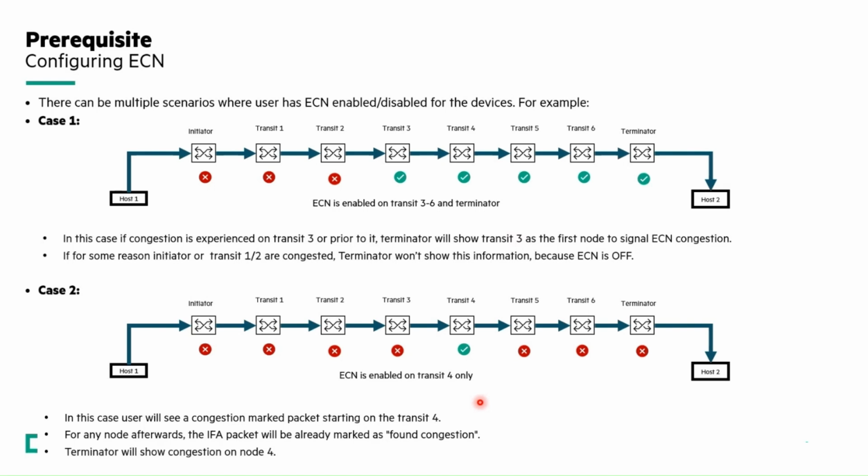The terminator will show congestion on node 4, and that's how different scenarios will work in terms of ECN features. Again, I'll reiterate that whenever you have congestion on your network, only the first node that is facing the congestion can be acknowledged by IFA and shown on the terminator.